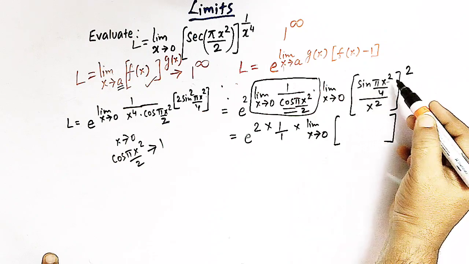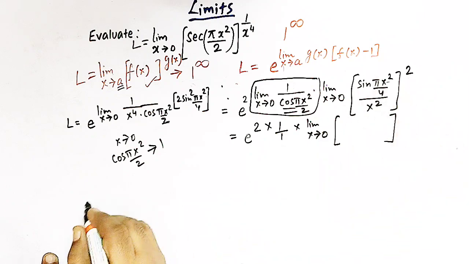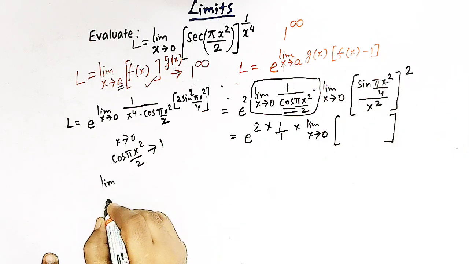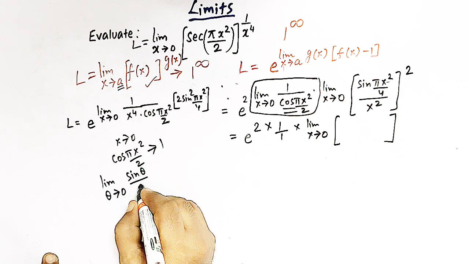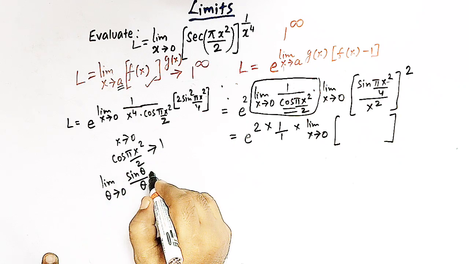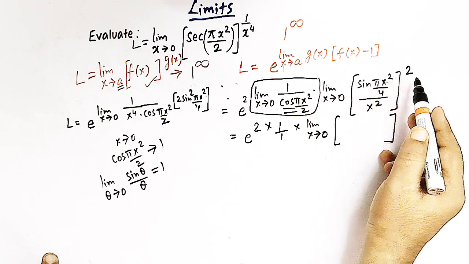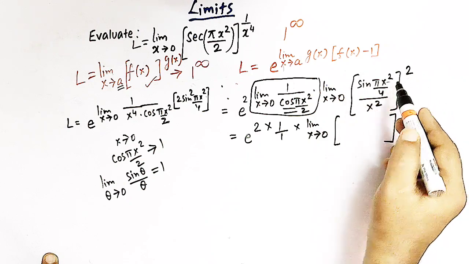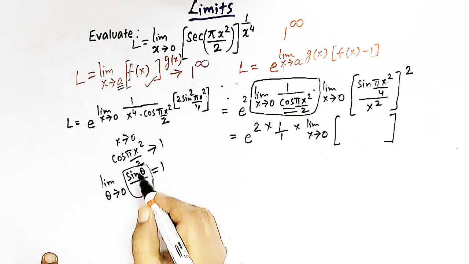rearrange the terms here, because now we'll convert this limit into this form, that is limit theta tends to 0 sine theta over theta, and this limit is equal to 1. So now our objective is to convert this expression into this form, that is sine theta over theta.